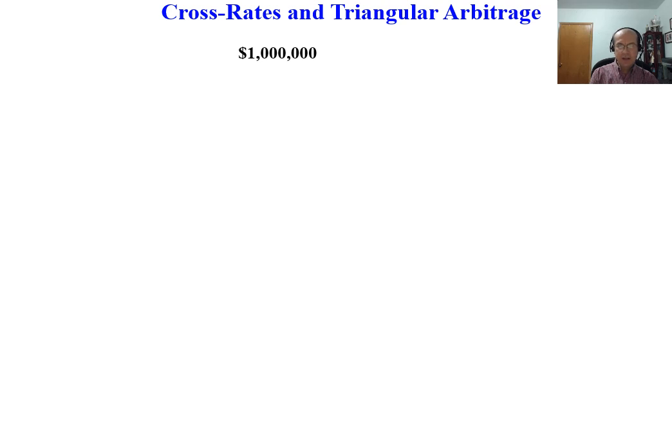So the first step is to convert from dollars to Japanese yen. We buy Japanese yen with US dollars at the quoted exchange rate, according to which we will be able to buy 104.06 Japanese yen with $1 US.